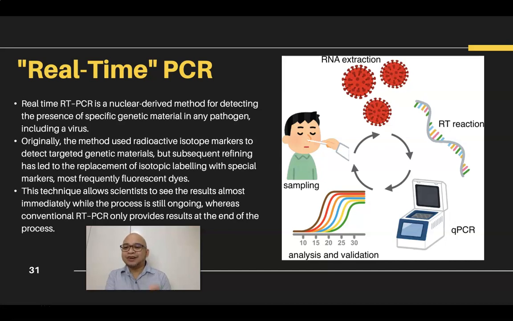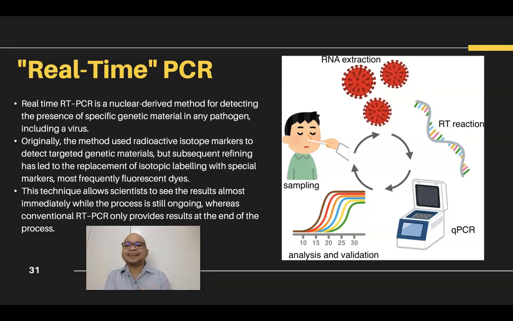So instead of isotopic labeling with special markers, they simply utilize a fluorescent dye. So let's say, for example, you have a different fluorescent dye for the M, N, or the E sequences. Okay, so this technique allows scientists to see the result almost immediately while the process is still ongoing.